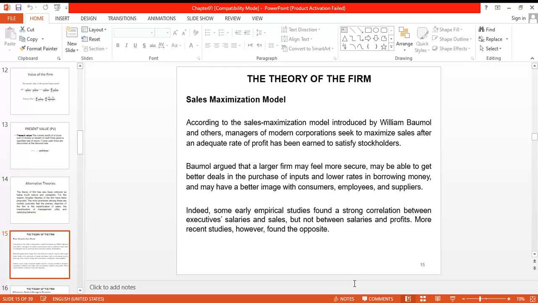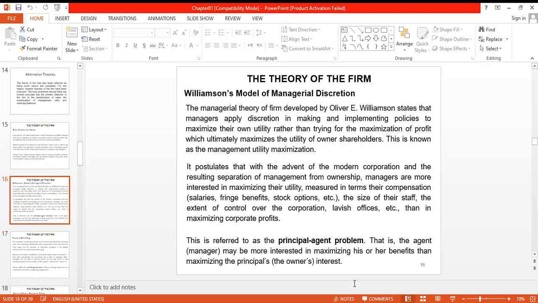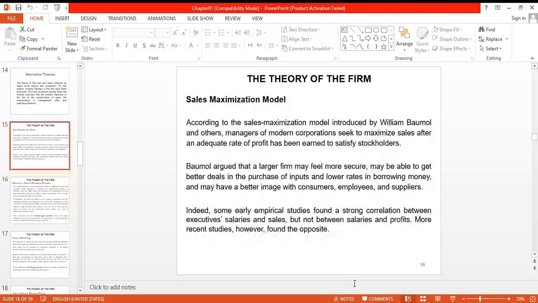This was the theory given by William Baumol, but how much has this been proved correct? Well, the results are mixed. Okay, results are mixed. A lot of case studies and a lot of research done on Baumol's model have actually found that in many cases that may not be true.